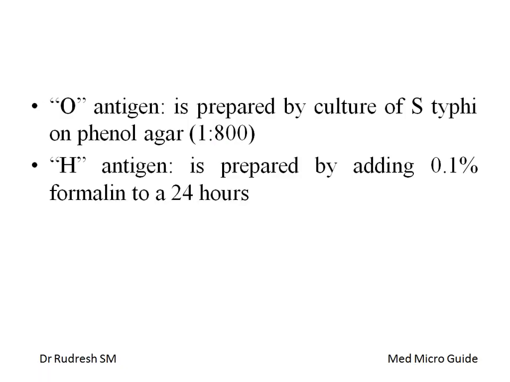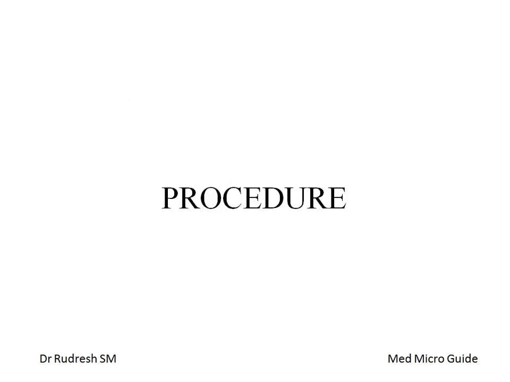O antigens are usually prepared by culture of Salmonella typhi on phenol agar, and H antigens are usually prepared by adding 0.1% formalin to a 24 hour growth culture of the Salmonella of the respective species.